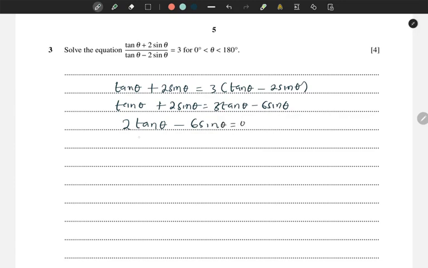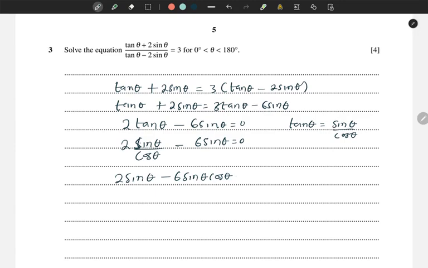Again, recall that tan theta can be written as sin theta over cos theta. So this is 2 sin theta over cos theta minus 6 sin theta equals 0. To clear the denominator, we multiply both sides by cos theta, giving 2 sin theta minus 6 sin theta cos theta equals 0.